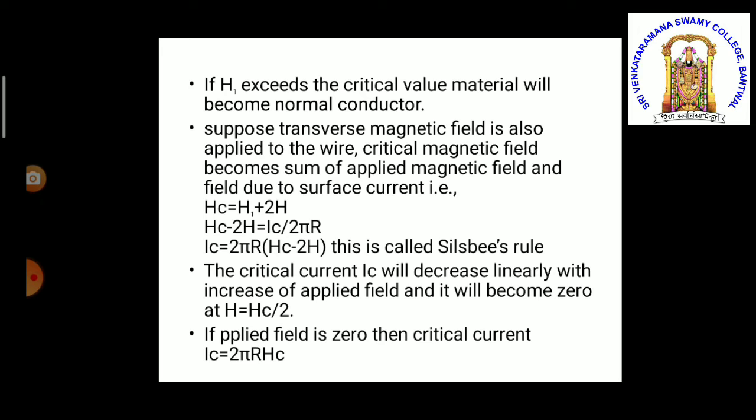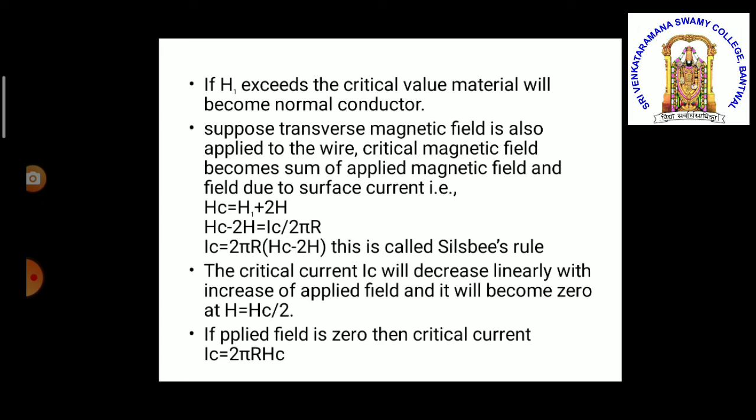Suppose a transverse magnetic field, or perpendicular magnetic field, is applied to the wire. The critical magnetic field now becomes the sum of the field due to surface current and the applied magnetic field. That is, Hc is equal to H1 plus 2H.